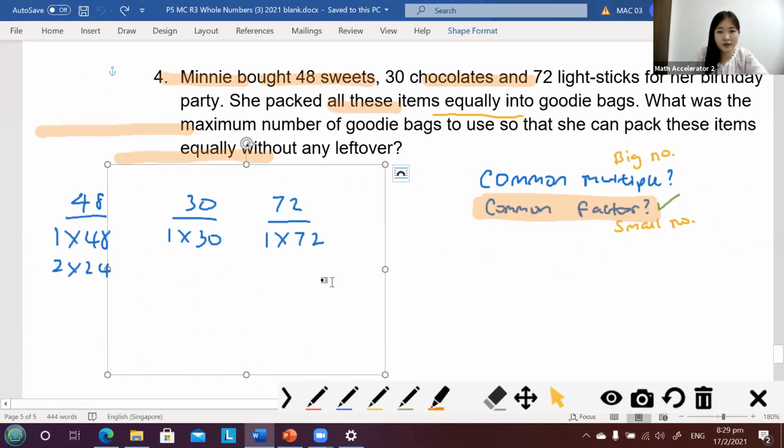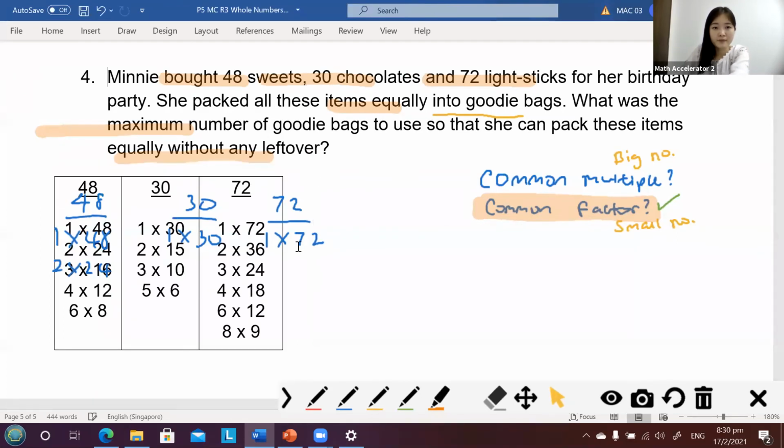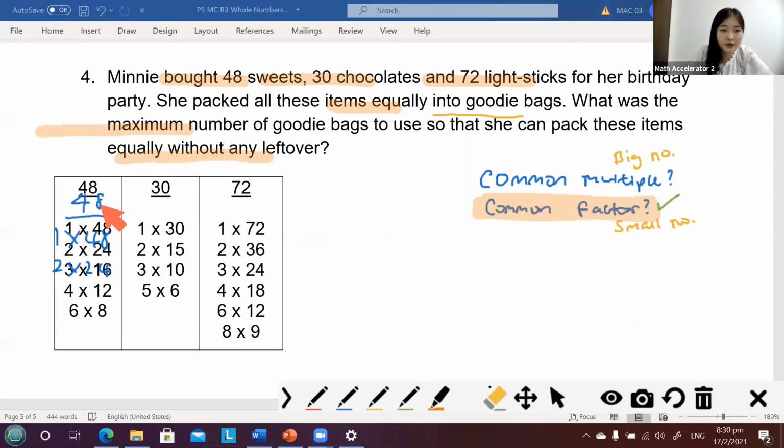You can use your calculator to check for your factors. So these are your factors. Please check your work. Make sure you have the same.